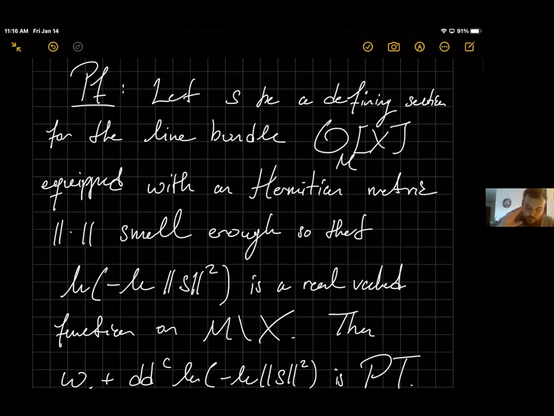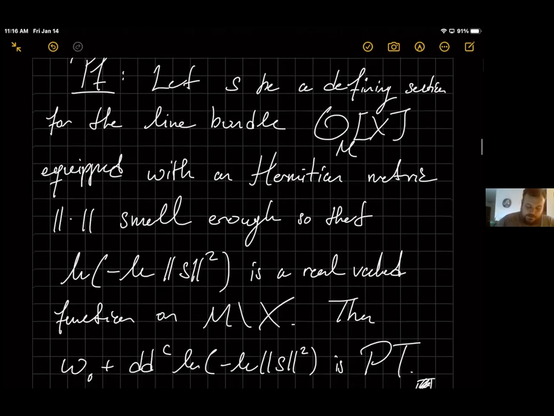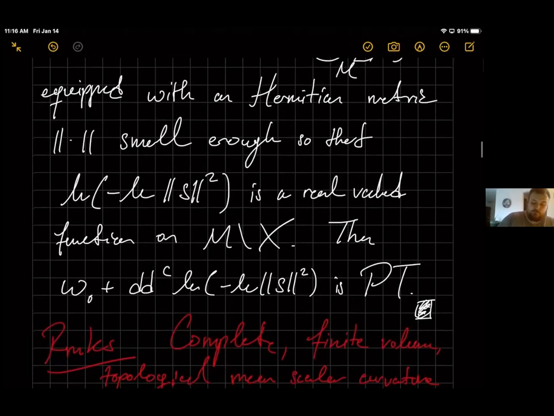Okay, so we have the section S, it vanishes on X, and we can equip our line bundle with a Hermitian metric that we can make small enough such that instead of having minus log of norm z squared, we can now just plug in the Hermitian norm of our section.